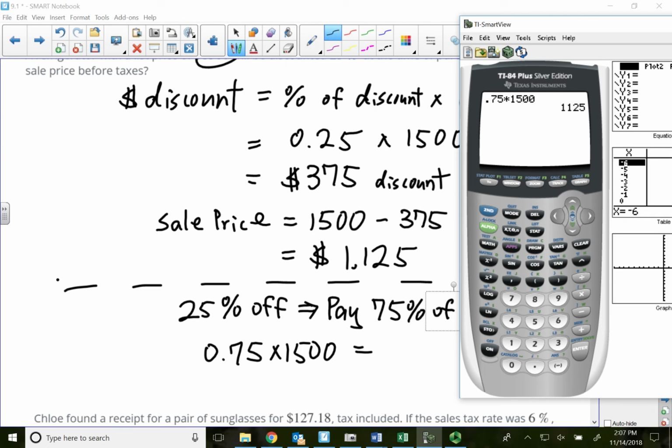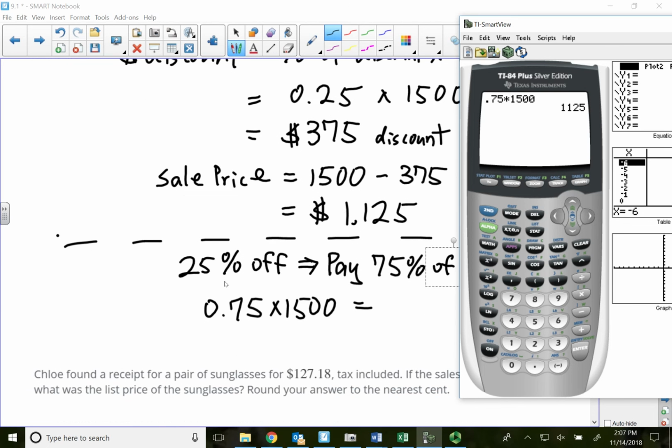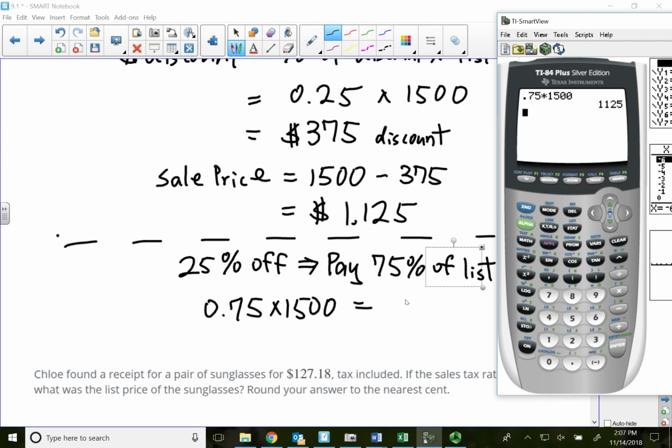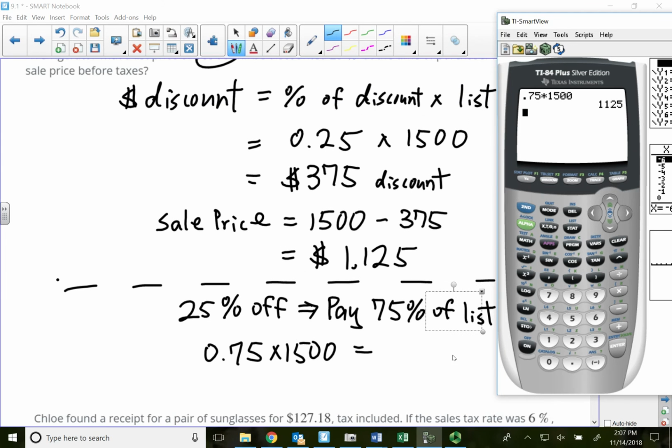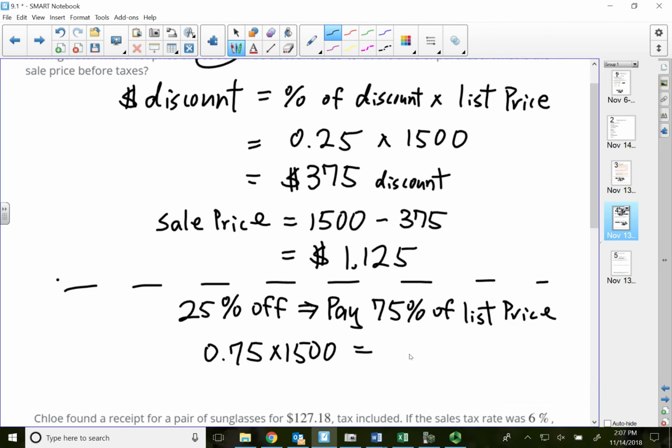So where did I get my 75% from? Well, that's the complement of 25% off. 25% off means I still have got to pay what? 75% of the list price. Because 25% and 75% together equal 100% of the list price. So I still come up with the same answer just by thinking about it a different way.